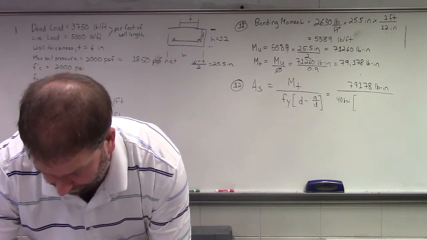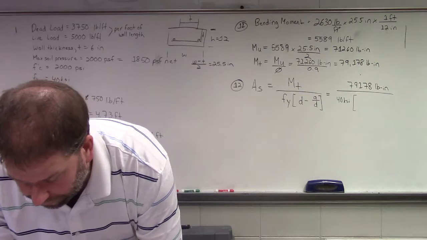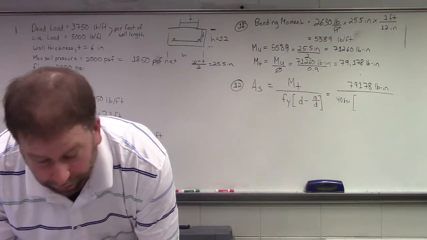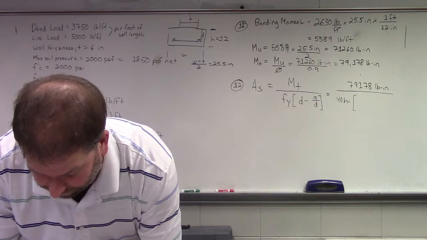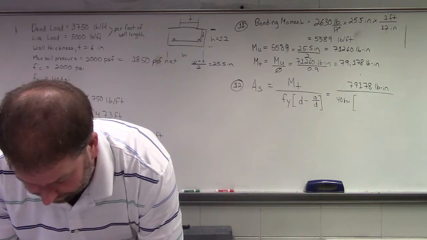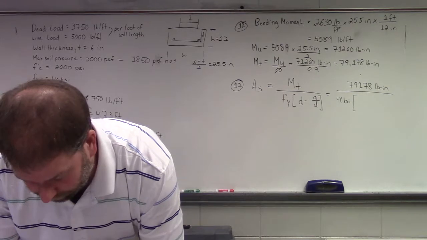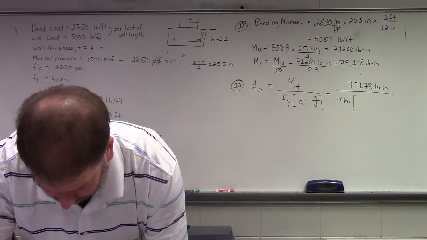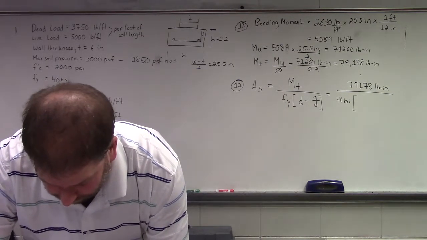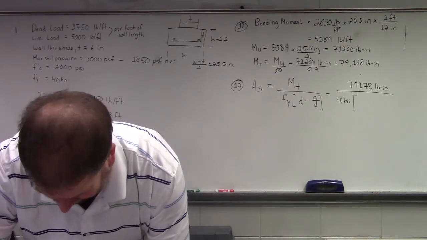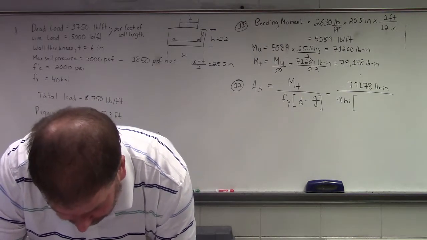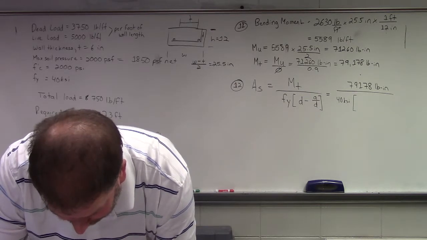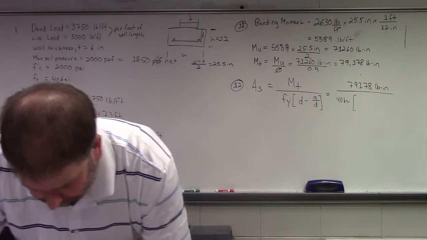That's your critical dimension for bending. I got 8.5 inches is D, which is 0.175, and A is 0.71. I'm back to inches now.